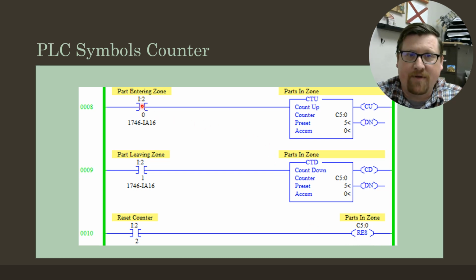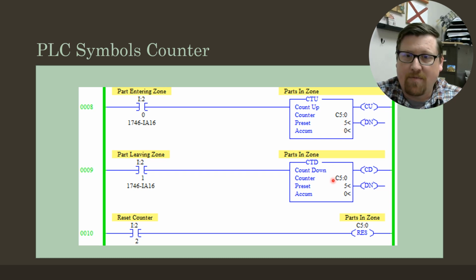And so if this trigger right here, if this switch, we'll switch this out in the real world. It could be a limit switch, a proximity switch, or a push button. Whatever it is that activates this I:20, when this is true, this is going to count up 1. And then it's going to count to 2, and it's going to count to 3.